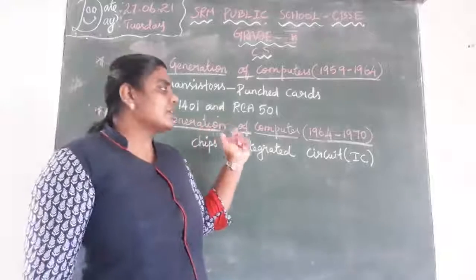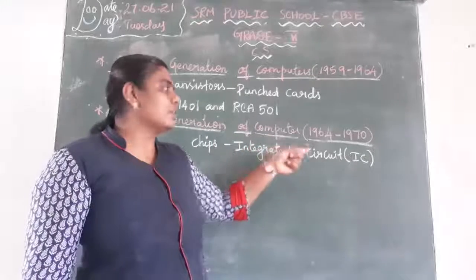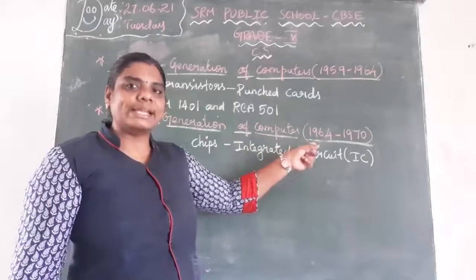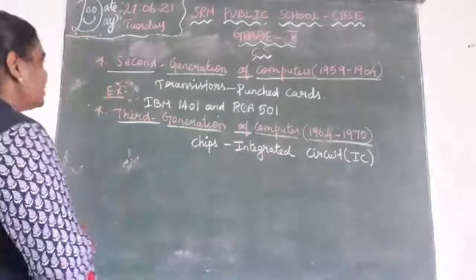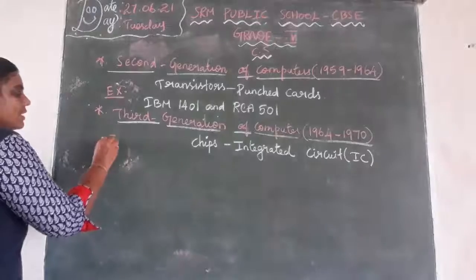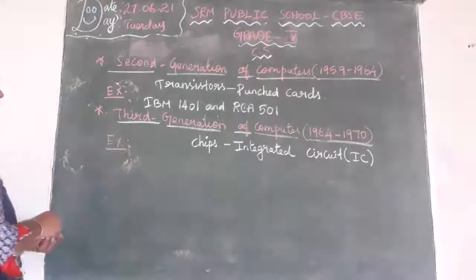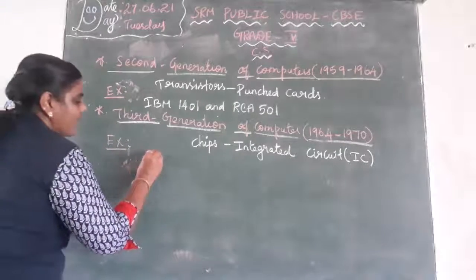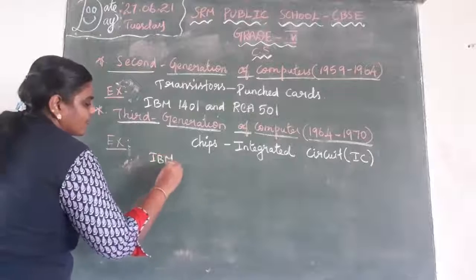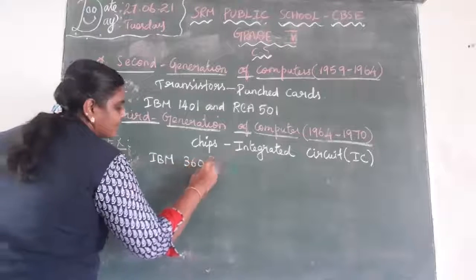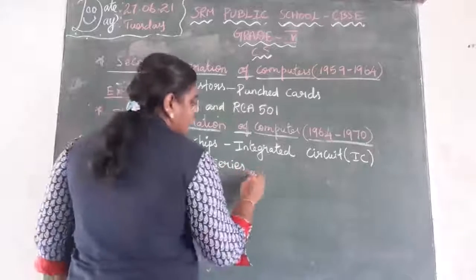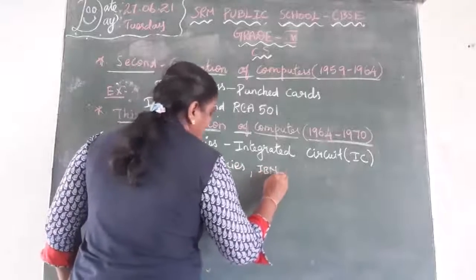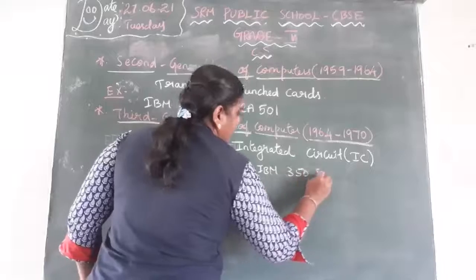Okay. The third generation computers were used in the year of 1964 to 1970. Okay. Then examples for third generation computers. IBM 360 series and IBM 350 series.